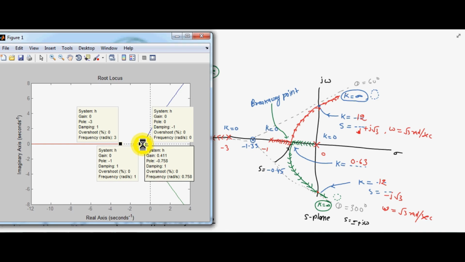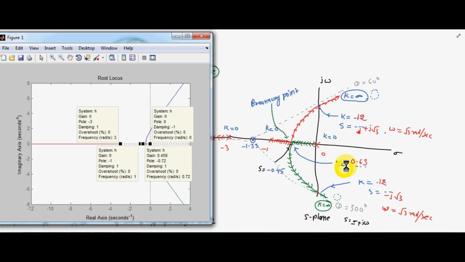A little bit moving in that direction, I get the breakaway point here. At the breakaway point, I am calculating our poles and the gain is at 1.6.